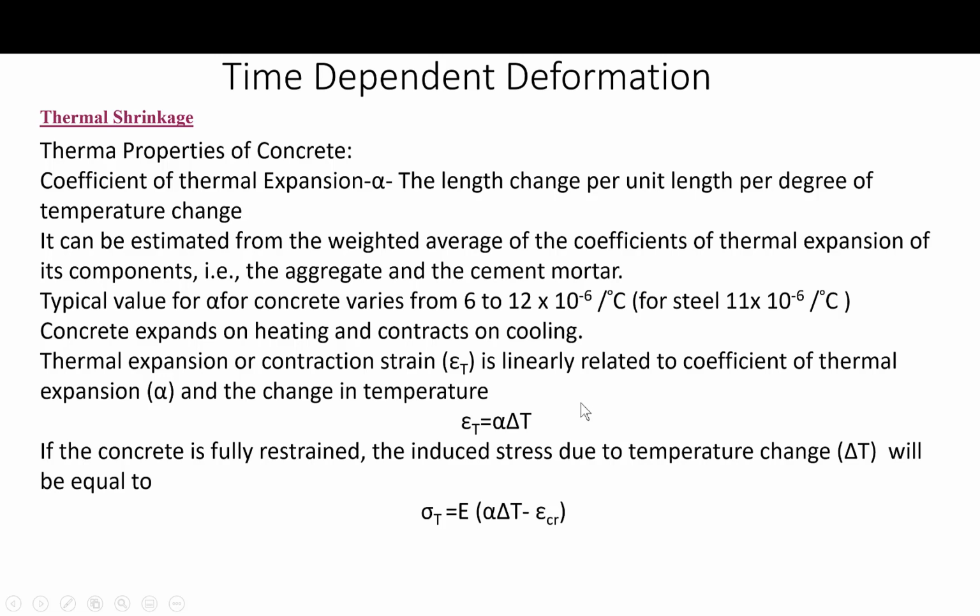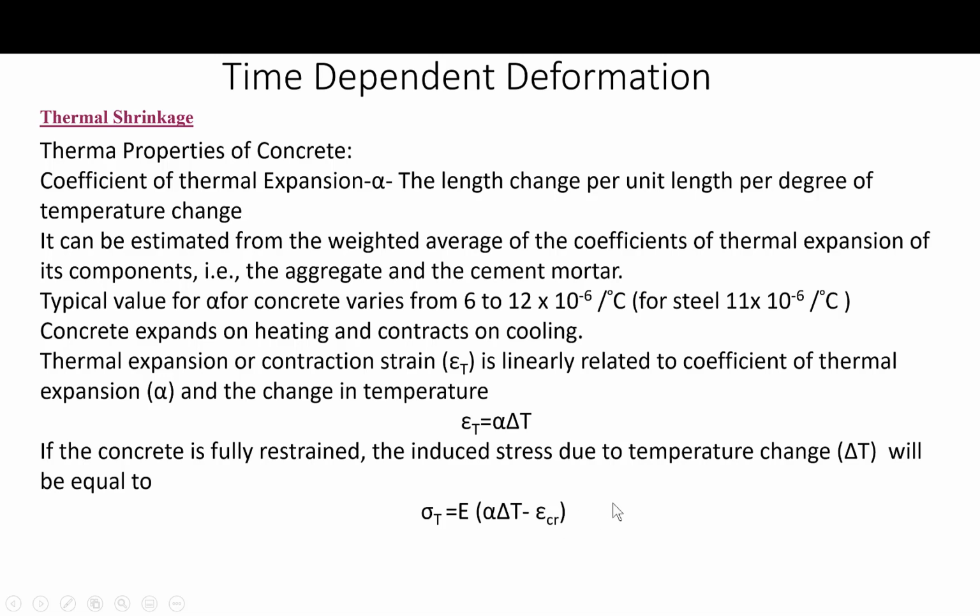Okay, so if the concrete is fully restrained, the induced stress due to the temperature change, delta T, will be equal to this value, sigma sub T, which equals the modulus of elasticity times the coefficient of thermal expansion multiplied by the change in temperature minus the strain.